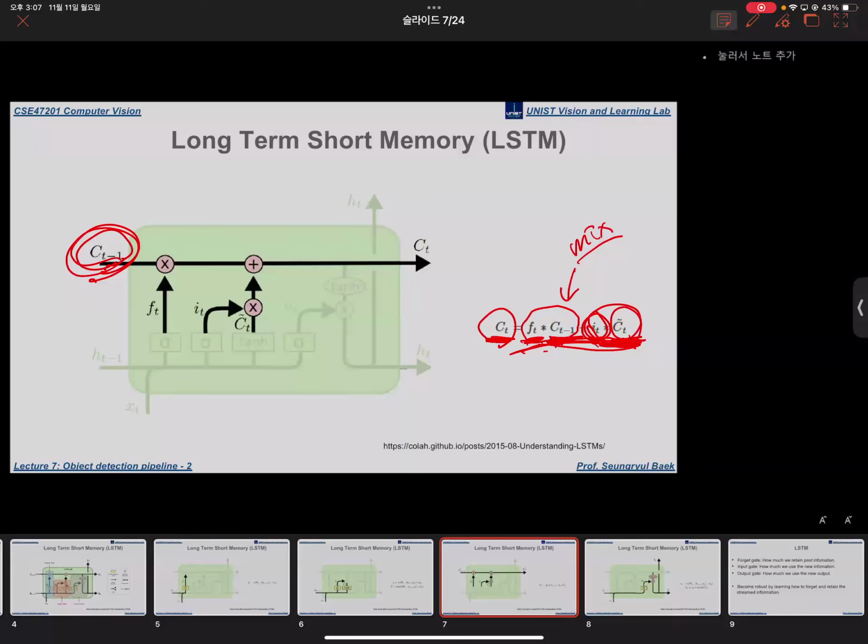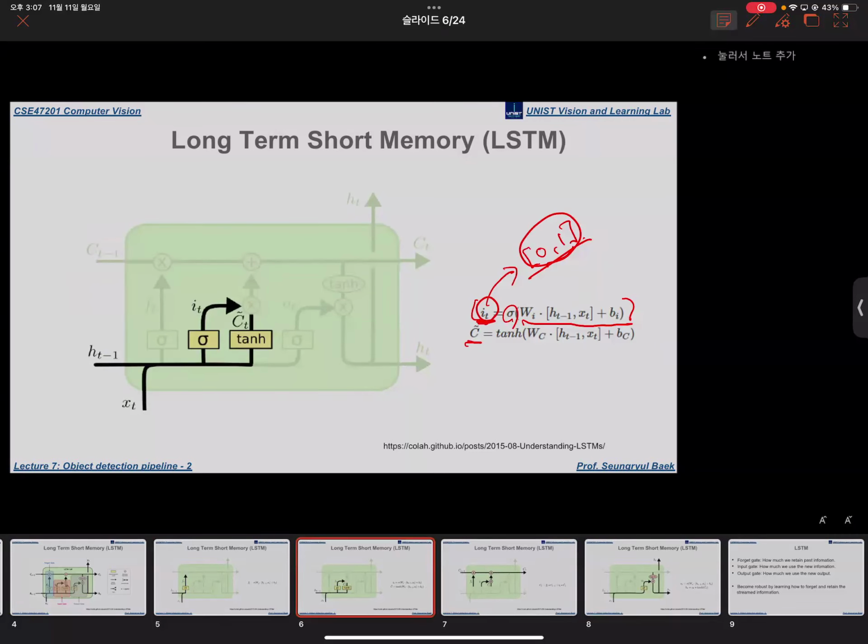And this C tilde means from the input and the previous layer's h of t minus 1, we multiply some weight and add some bias. This is actually the linear layer, right? This is the input, and we multiply some weight on that, add some bias, and apply the hyperbolic tangent.